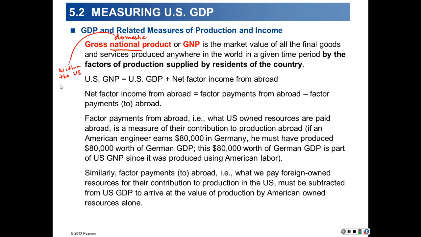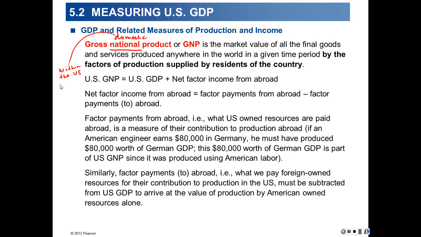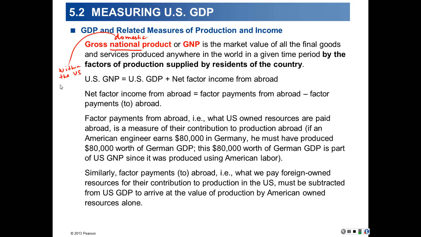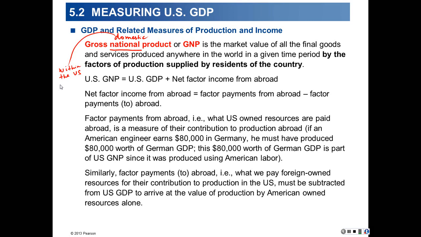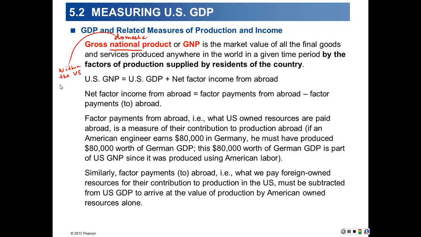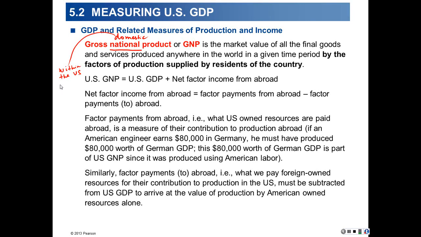National, on the other hand, is not concerned about where the production takes place. You follow me? So GNP would include stuff produced by the use of American resources anywhere in the world. As long as the final goods and services are being produced using American resources, it's part of GNP. It doesn't matter now where the production takes place. Am I making sense? So what is GNP then?